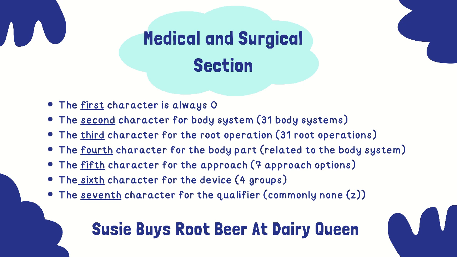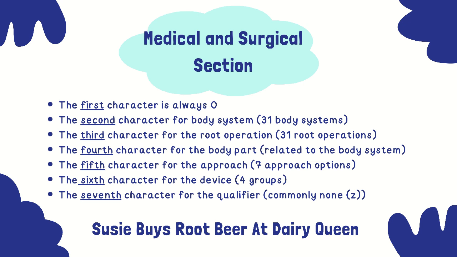Last week, I also gave you a sentence to help you remember the 7 characters, which is Susie buys root beer at Dairy Queen. So, to correctly build an ICD-10-PCS code, it is critical that you select the root operation and the body system to arrive at the correct table.